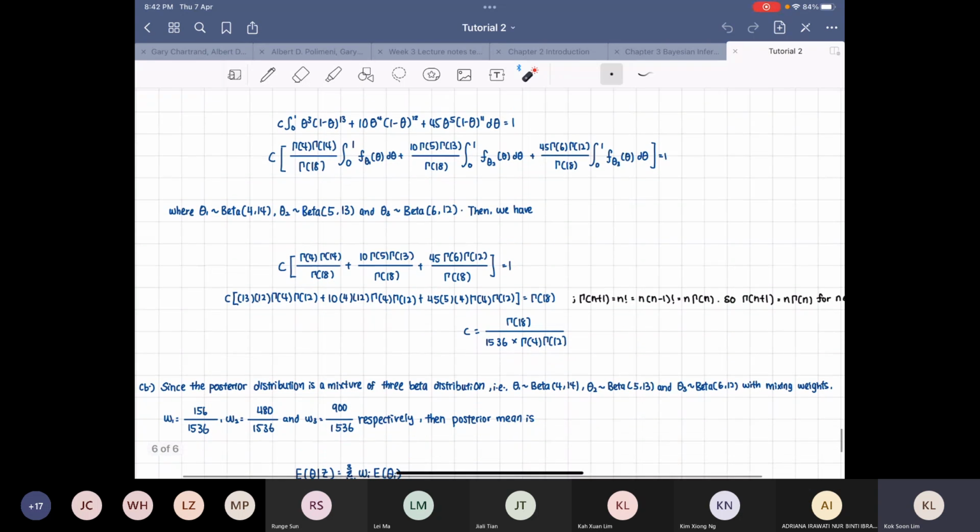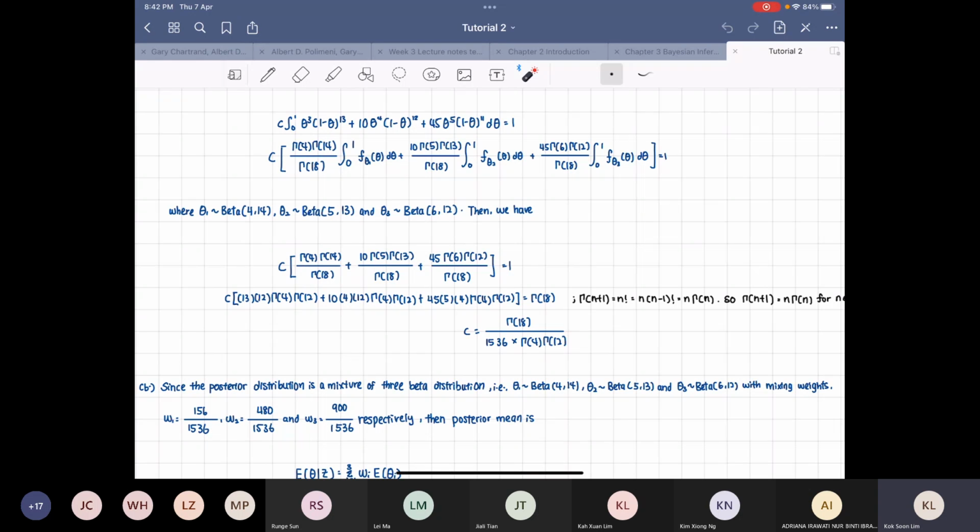Now, I think most of us know the property of gamma functions. First, I move the gamma 18 to the right-hand side. If you look closely, in the first term we have gamma 4, the second term gamma 5, and the third term gamma 6.